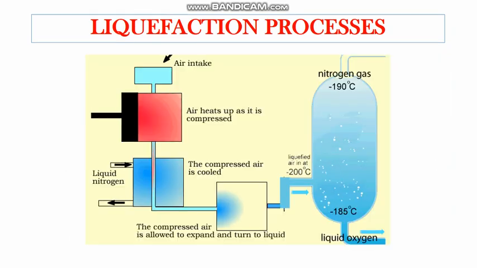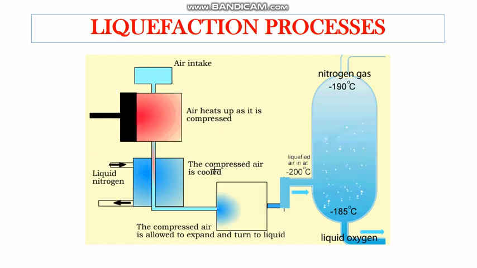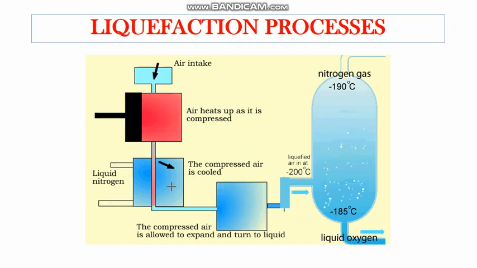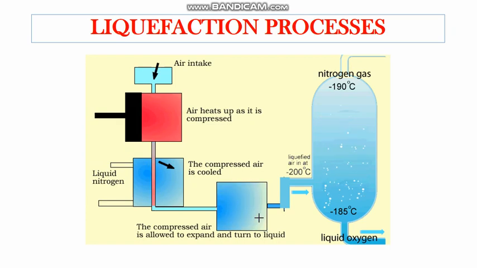Now we'll see the Linde liquefaction process. This is the general liquefaction process. First, air is your input, and that air is converted into a liquid. You give the air, and the compression takes place. In compression, the temperature and the pressure both increase. Then it is sent to the cooler, where the compressed air is cooled down, and then it is sent to expansion.